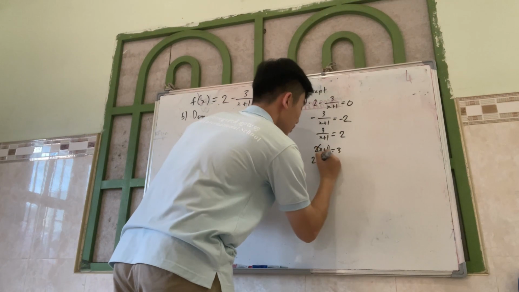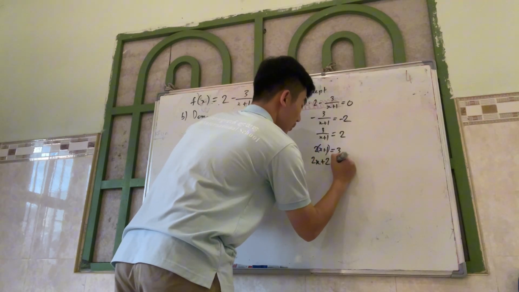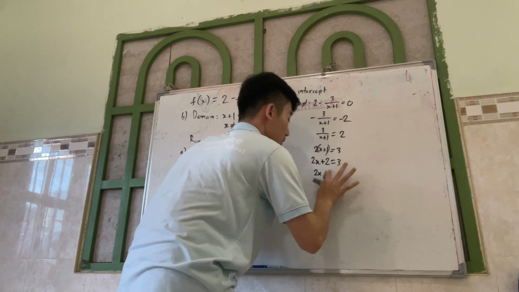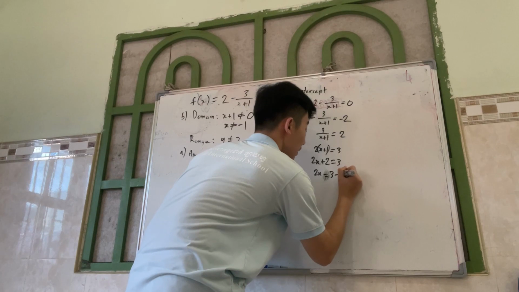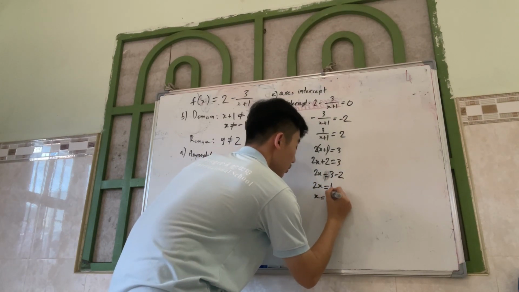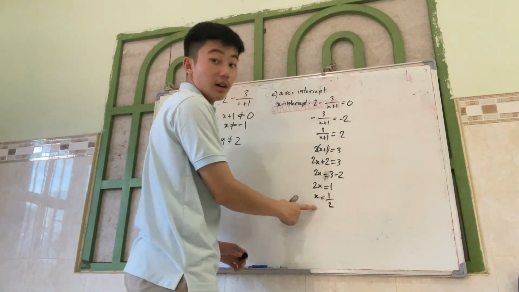Then 2 times x is 2x, and 2 times 1 is 2, equal to 3. Then 2x equals 3 minus 2. 2x equals 1. Then x equals 1 over 2. So this is the x-intercept.